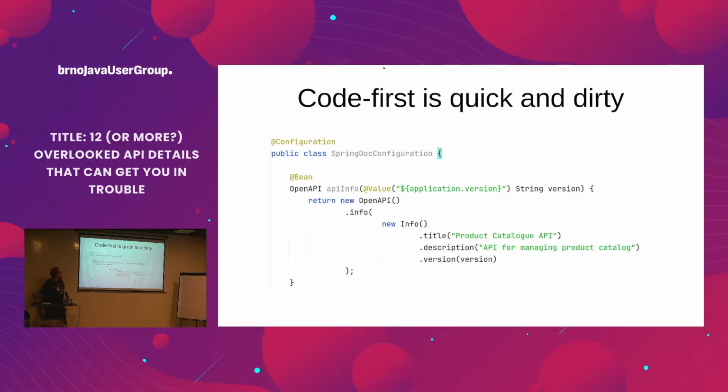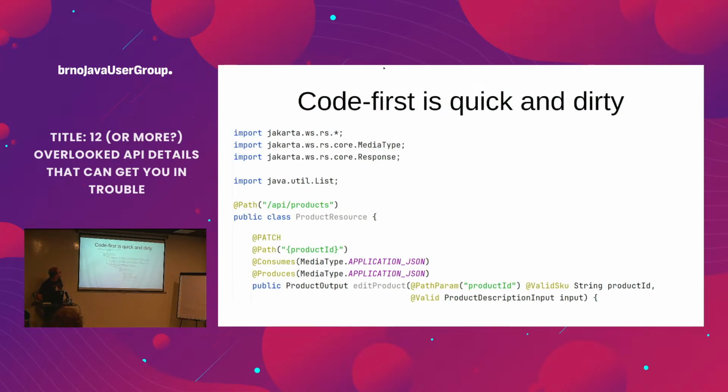Yeah, so here we have these annotations. No, this is Spring. Sorry, this one. So when I was new to Quarkus, I started writing an example application using some guide, and it worked great.